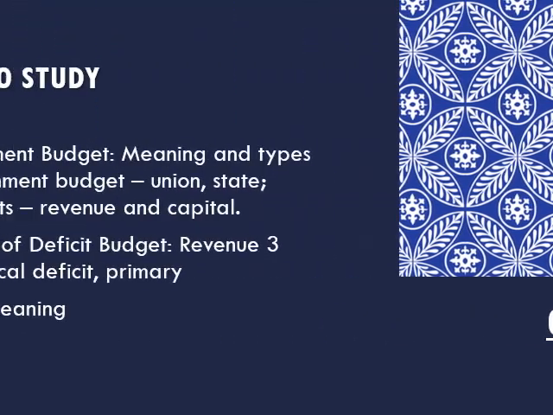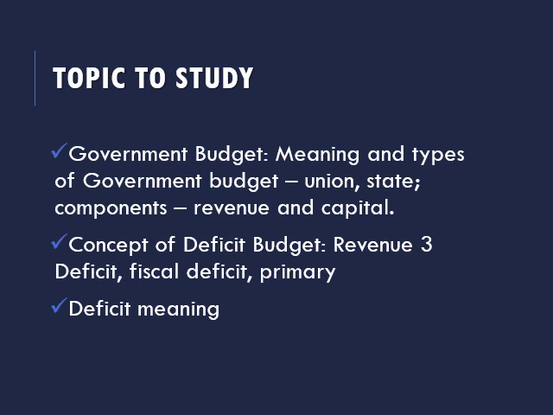So in this chapter, what you are supposed to study? These are the following topics you are supposed to study. The government budget, meaning, types of government budget, and there we'll focus on union budget, state budget, and their components. Components of government budget, revenue and capital, we'll discuss in detail.